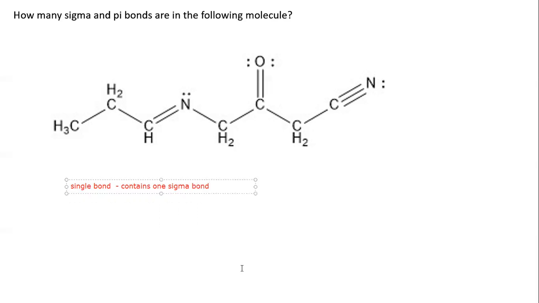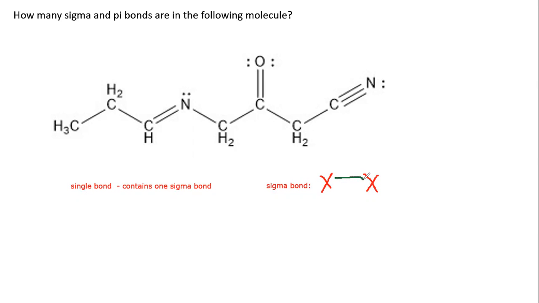And what does a sigma bond look like? So if I was to draw you an illustration of a sigma bond, let's say we have two atoms. We'll label them, for example, X. A sigma bond is a lobe of electron density between the two atoms.